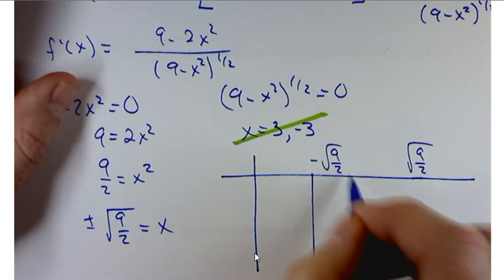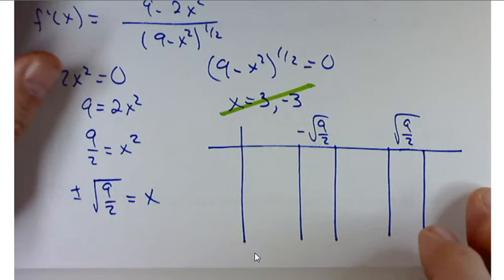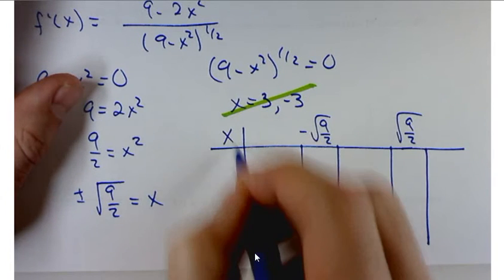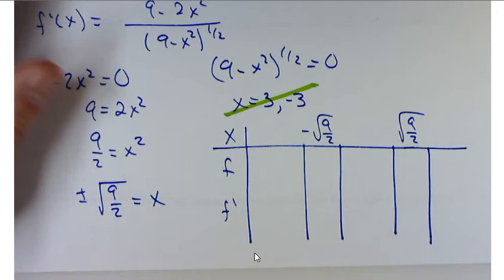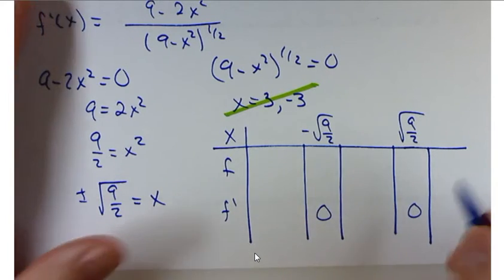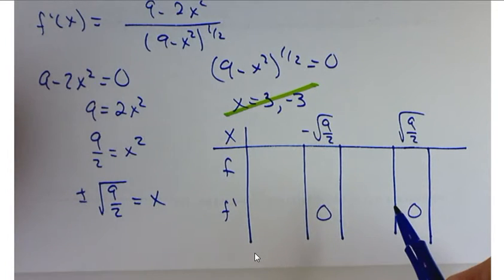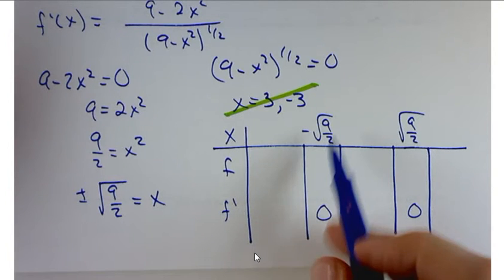The derivative is 0 here, so you should have a nice smooth function there with a tangent line that's horizontal at these points. Let's see, if you plug this in, I think you're going to get 9/2. Excuse me, no, negative 9/2 and 9/2 respectively.